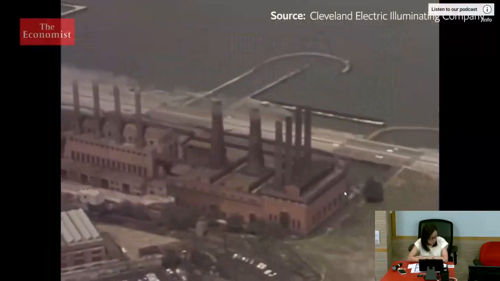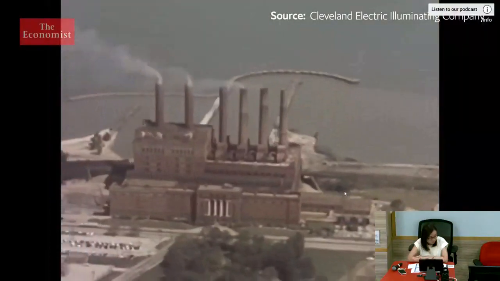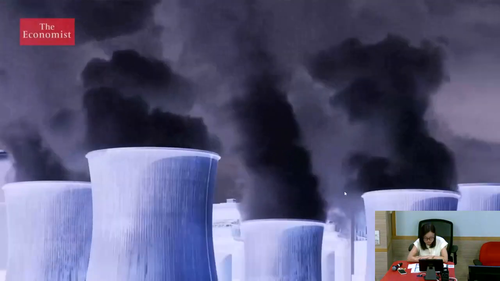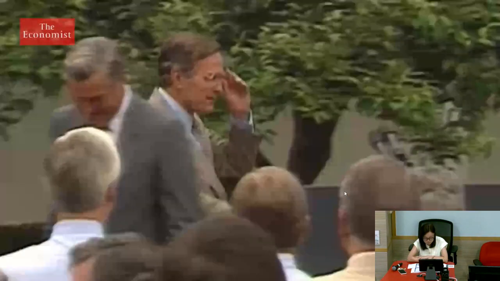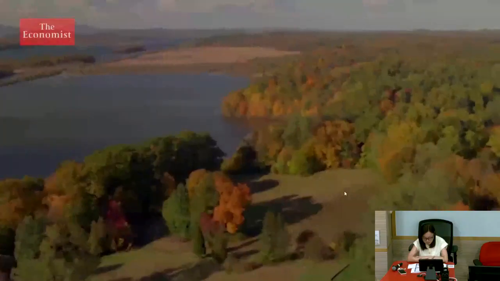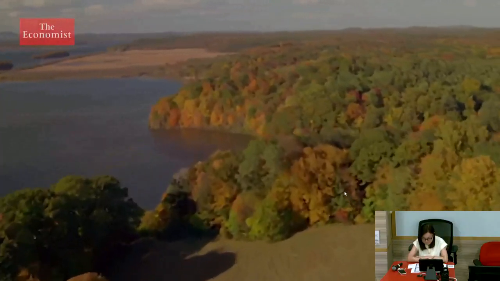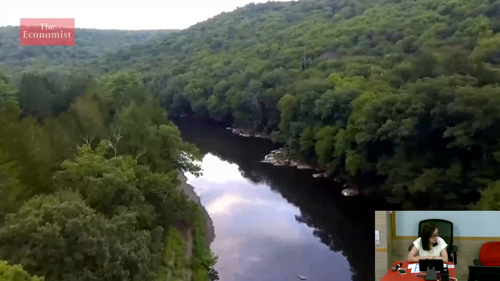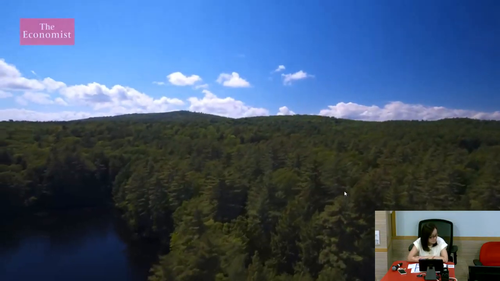So in 1990, the American government launched an experiment, passing a law to force polluters to pay for their emissions by establishing a new kind of market, governed by a system called cap and trade. Eight years later, acid rain levels over large regions in Eastern America had fallen by 20%, and a new way of cutting emissions was born.